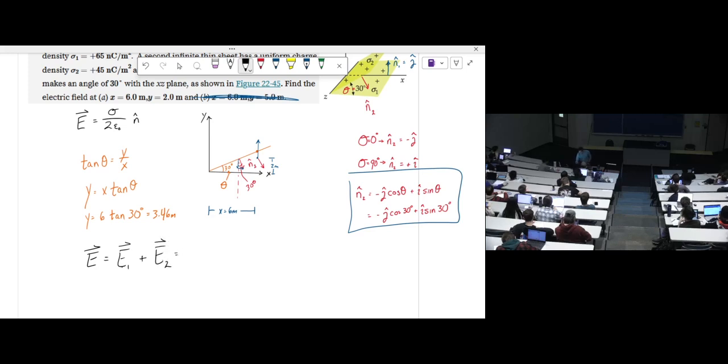In this case, that's going to be sigma 1 over 2 epsilon naught times j hat, plus sigma 2 divided by 2 epsilon naught times I hat sine 30 degrees minus j hat cosine 30 degrees.